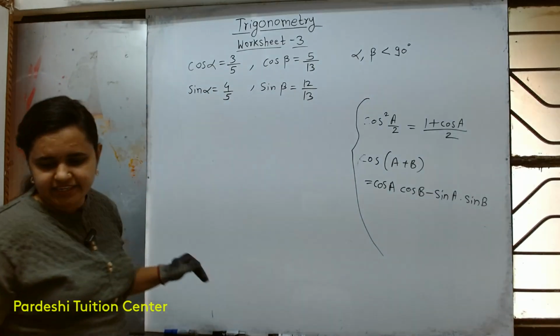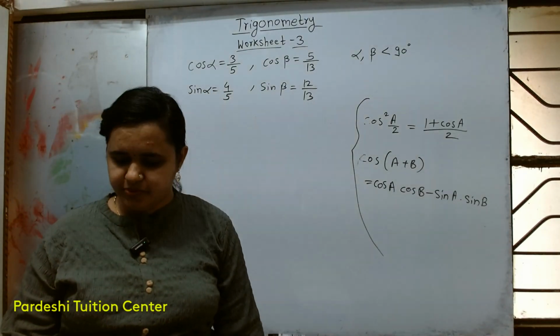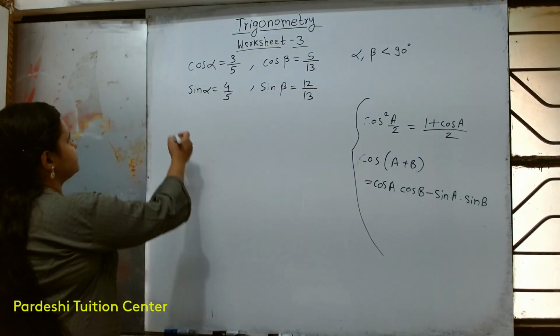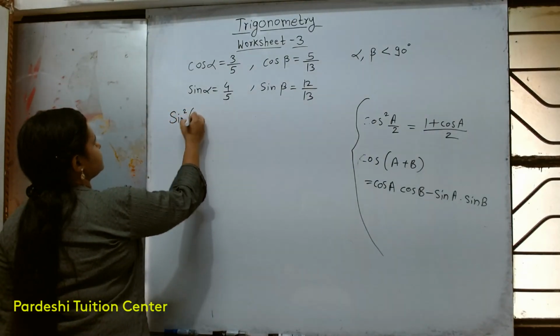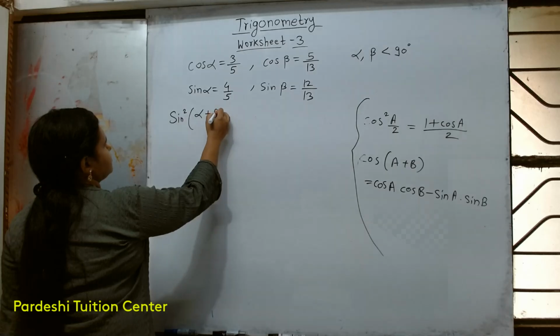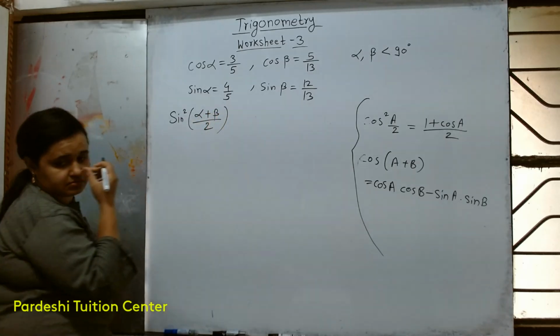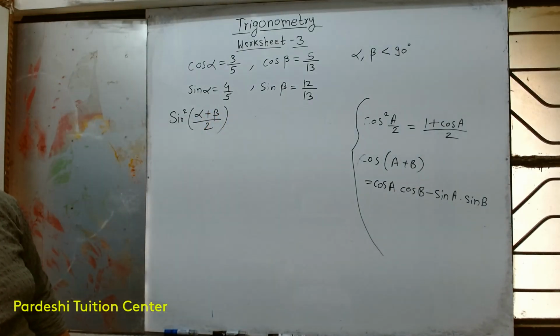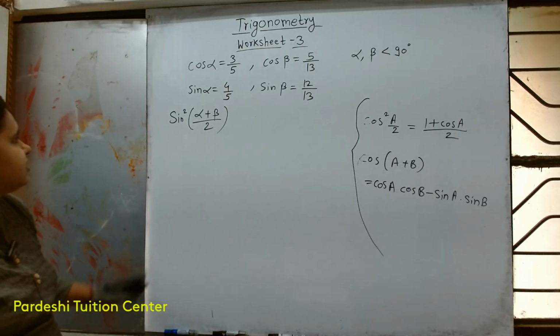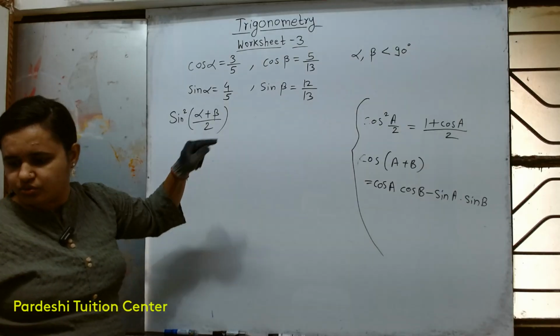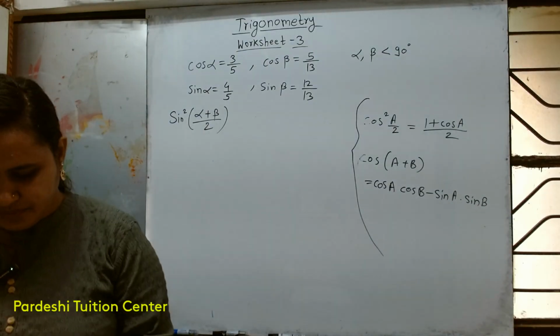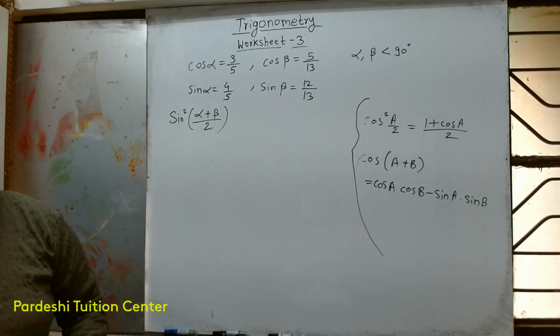Now 18th question: sin square (alpha plus beta) by 2. So here again we can put the formula.